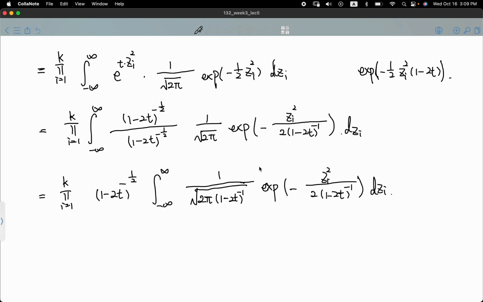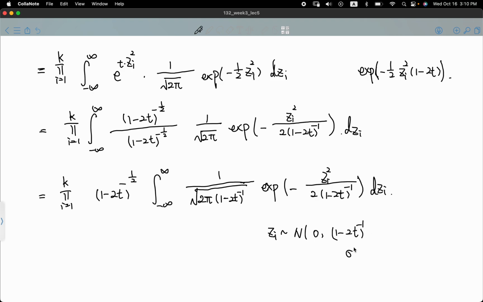This is essentially a density function for a normal random variable, and we have this as our constructed density function. So again, this is zi minus 0 squared. So we have 0 as the mean, but the variance: what we started with is the standard normal, but after this construction, now this density function is for the zi following the 1 minus 2t inverse.